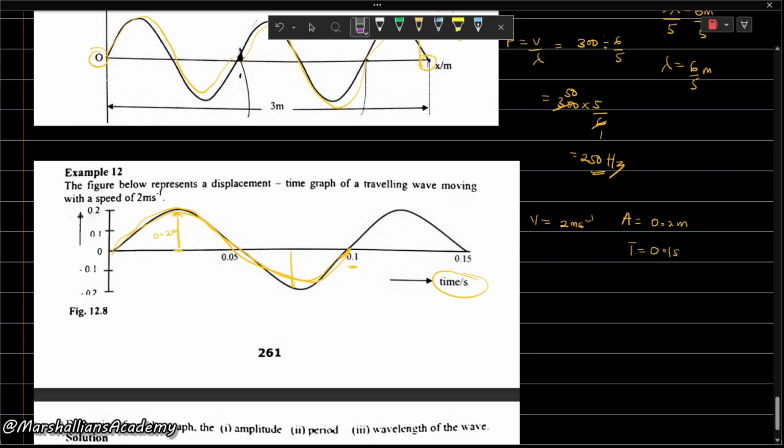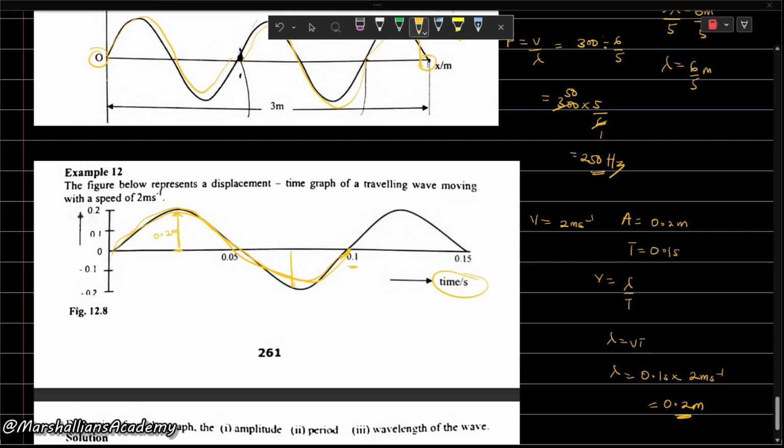Therefore, lambda is going to be equal to VT by cross multiplication. So our wavelength, lambda, is equal to 0.1 seconds multiplied by 2 meters per second, which is equal to 0.2 meters. That is our wavelength.